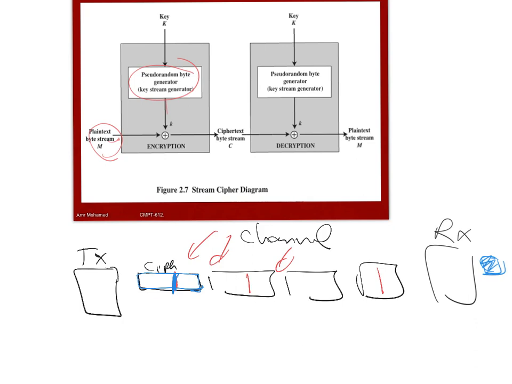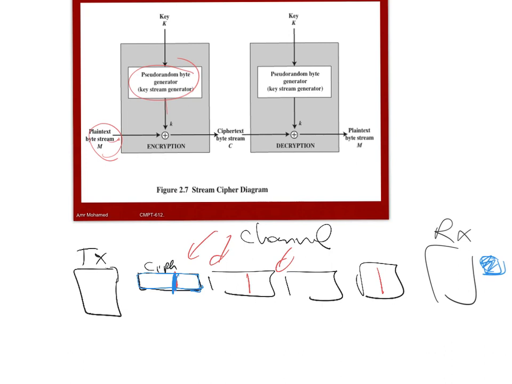Any small change will propagate the error on the receiver side. If we are using, for example, TCP for transmission, and we detect that one bit is manipulated, this will lead to lots of retransmissions. That's why, as we said in networks, TCP is not tolerant to any errors, because you have to repeatedly retransmit. So that's one property of block ciphers.